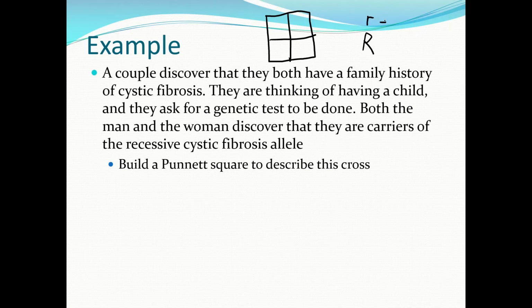So we said that it was a recessive allele. So this means you have it, and this means you don't, right? So for r and big R and r and big R, they're both carriers. They both have one of each. It's autosomal. So I'll move little r's down, big R's down, little r's across, big R's across.